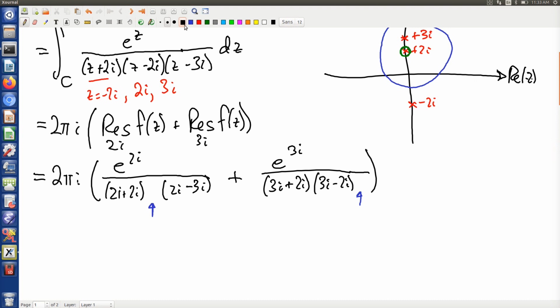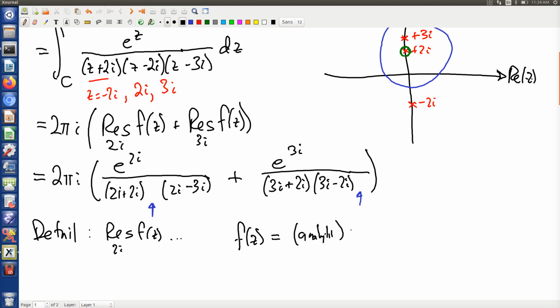So a little bit of detail there. The residue at 2i of f of z. Well, f of z is some analytic stuff plus some coefficient over z minus 2i plus, in fact, in this case, nothing else. That's the end of the story.